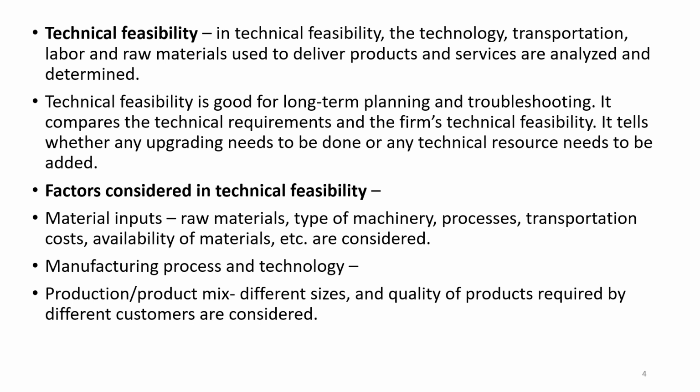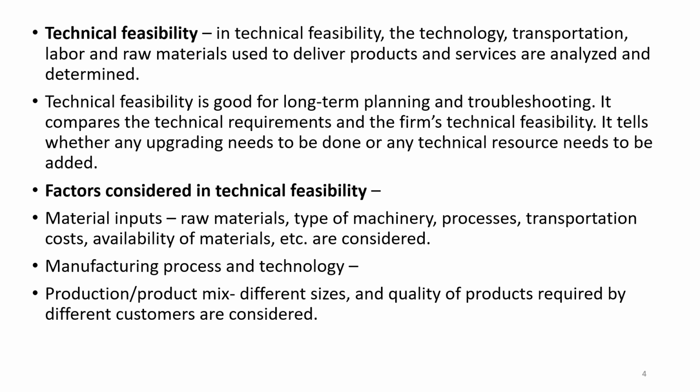Material inputs: what raw materials are required, what type of machinery you will use, what type of processes you will implement, what kind of transportation you will use and its cost, the availability of the materials, what manufacturing process and technology you are going to apply, and what is your product mix.